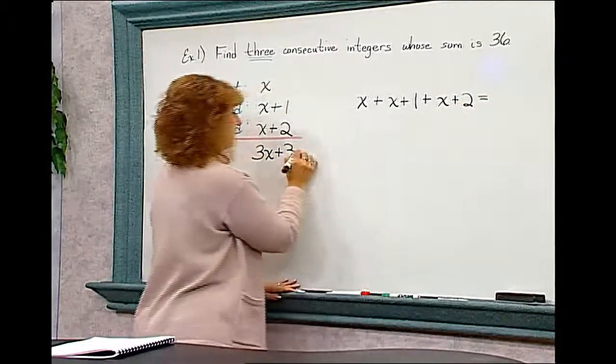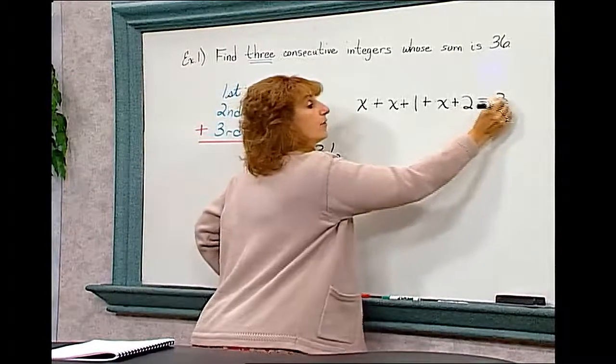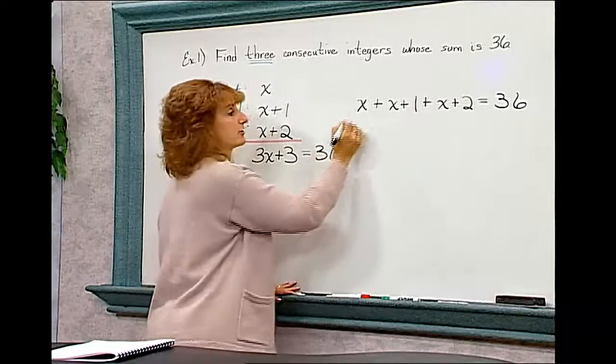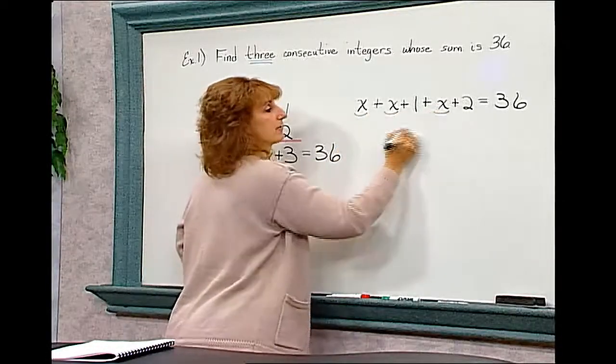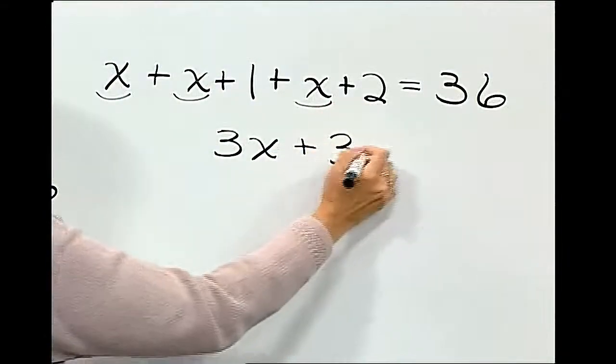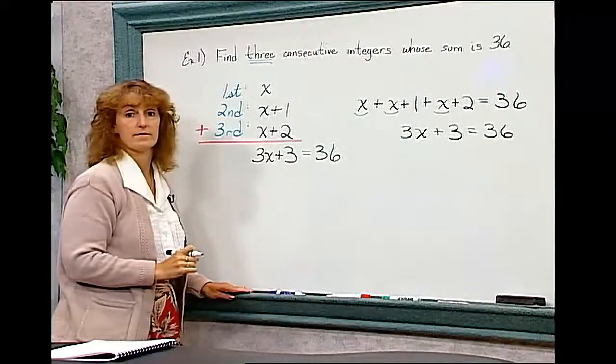Remember, either way, it equals 36. And when you write it this way, you now have to group your like terms. 1x, 2x, 3x. 1 plus 2 is 3. Both ways end up with the same equation.